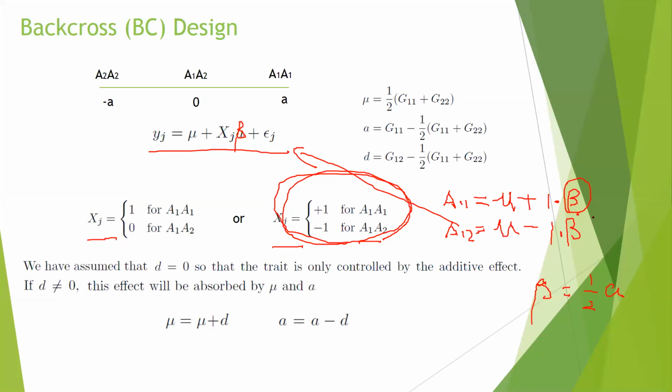So this doesn't matter. That's why we can arbitrarily define our own random variable to fit the regression model, but there's a linear relationship between the new estimation and the original estimation. Any questions?